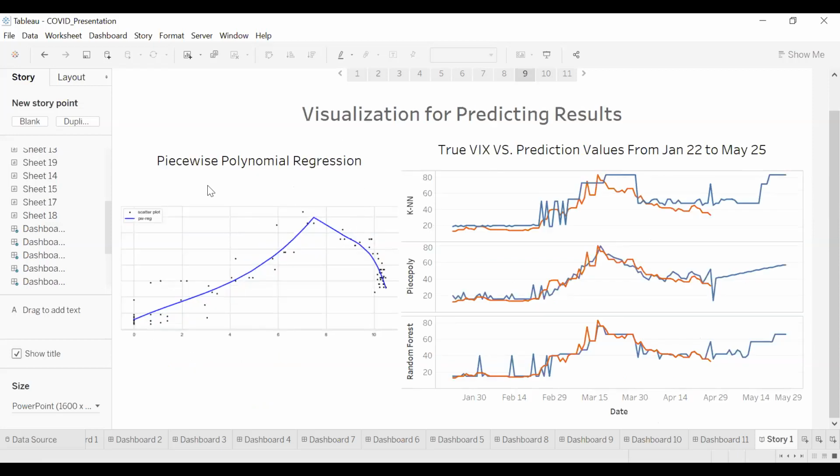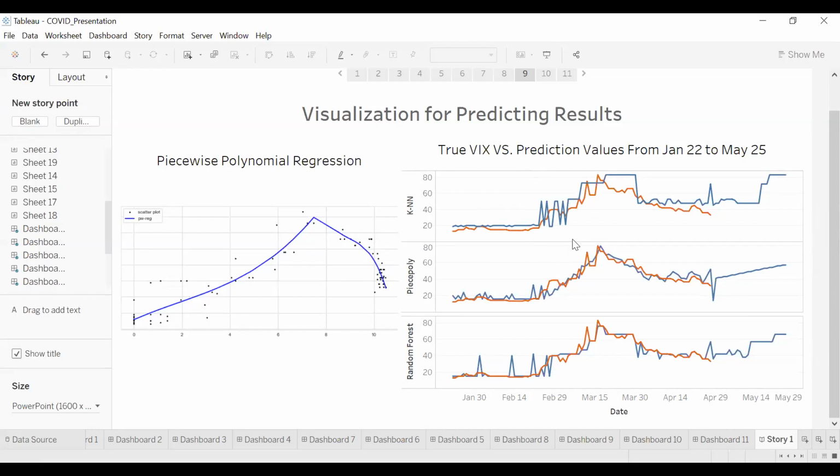And the left part is the piecewise polynomial regression, which looks like it fits well. And the right part is the prediction linear plot with the true VIX value.